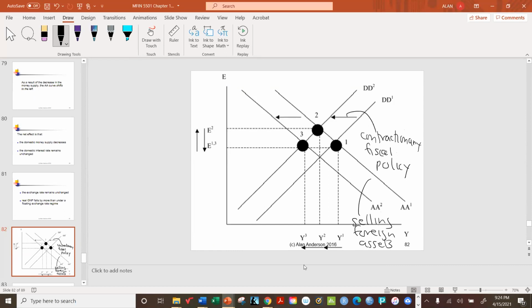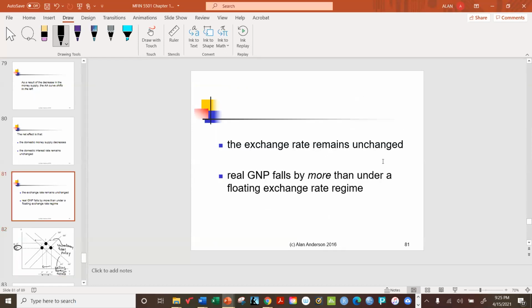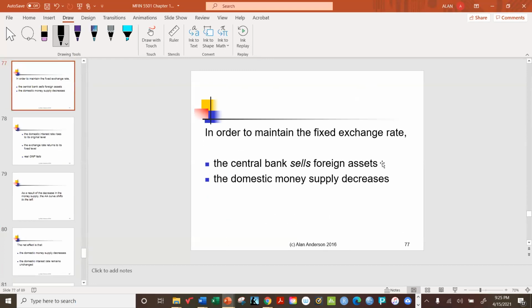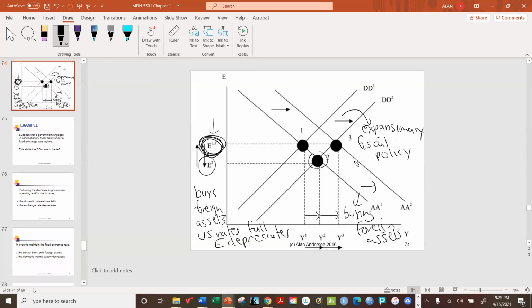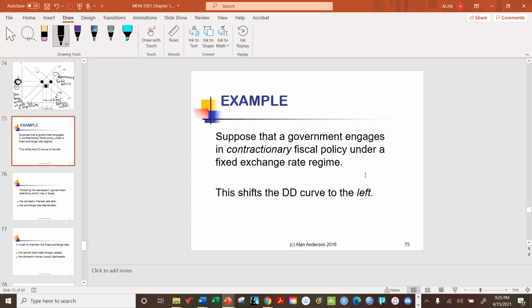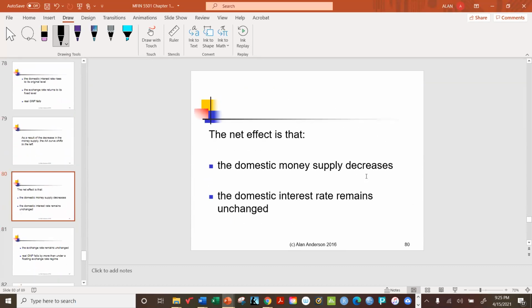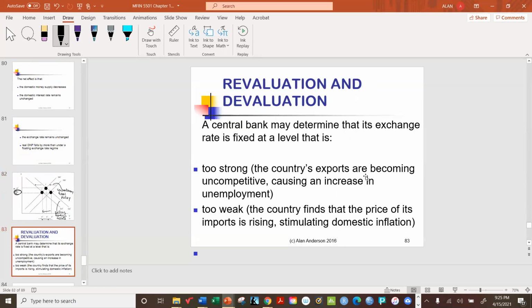And so the net effect is that we go from 1 to 2 to 3. At 3, we have a much lower GNP, but we do find ourselves back at the original exchange rate. So either way, in the case of expansionary fiscal policy, the curves shift further to the right than they would have. GNP increases by more. With contractionary, GNP decreases by more.